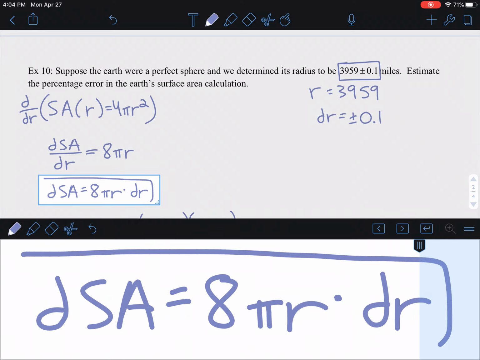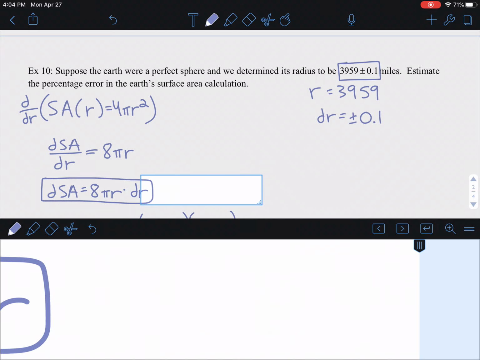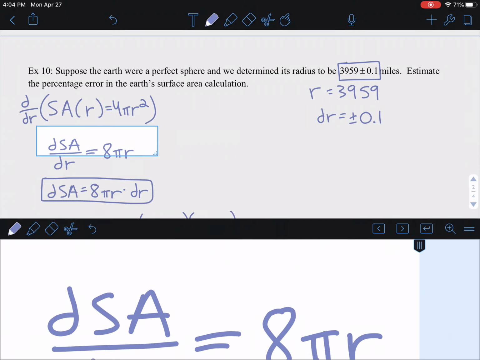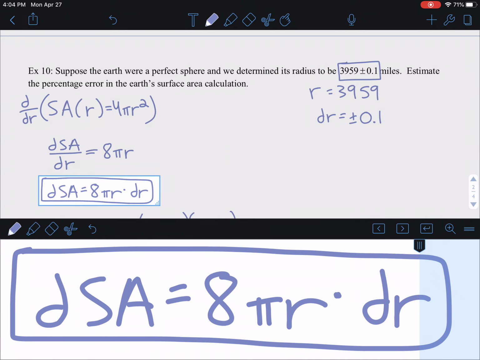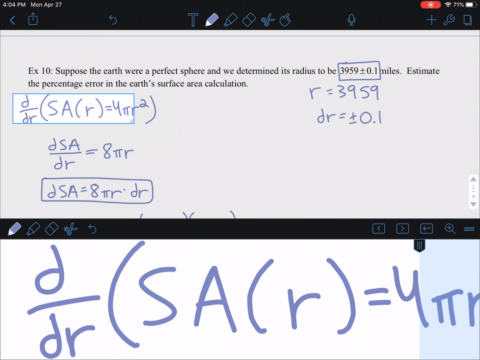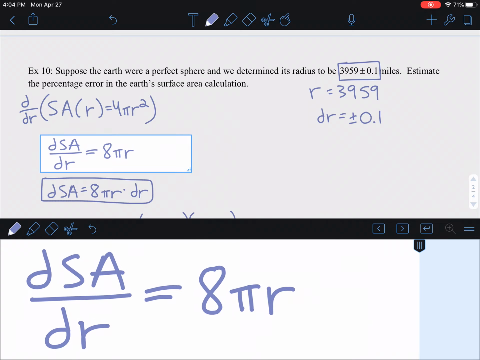So here's my formula. Again, you can memorize this if you want, but I want to see this work no matter what. So I want you to show me starting off with the correct geometric formula. You take the derivative with respect to the correct input variable, not x every time.